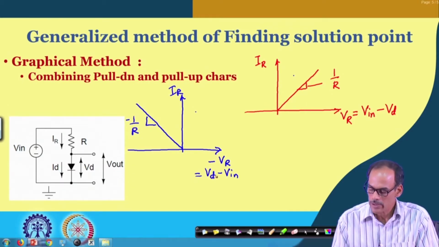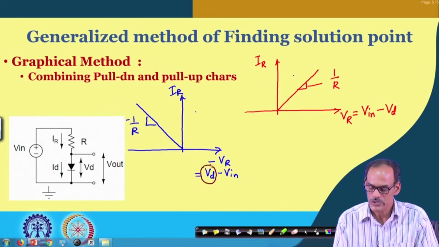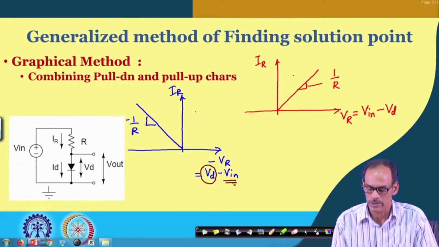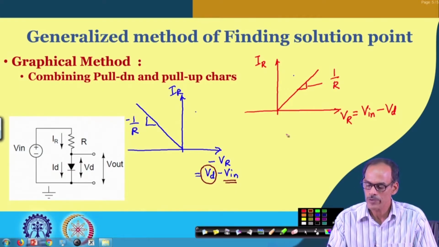Here now we can see that we do have V d, but still we do have minus V in. So, still we need some more rearrangement. Let us see how we further rearrange.